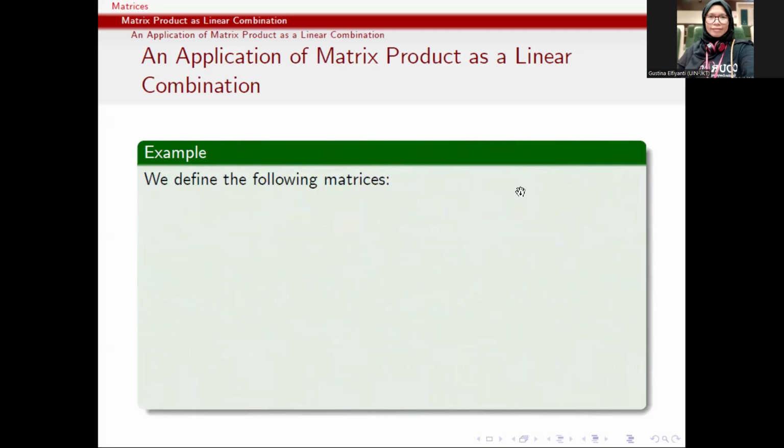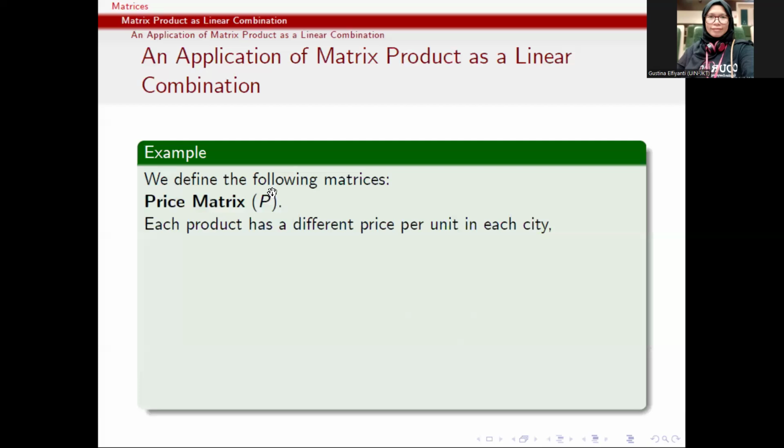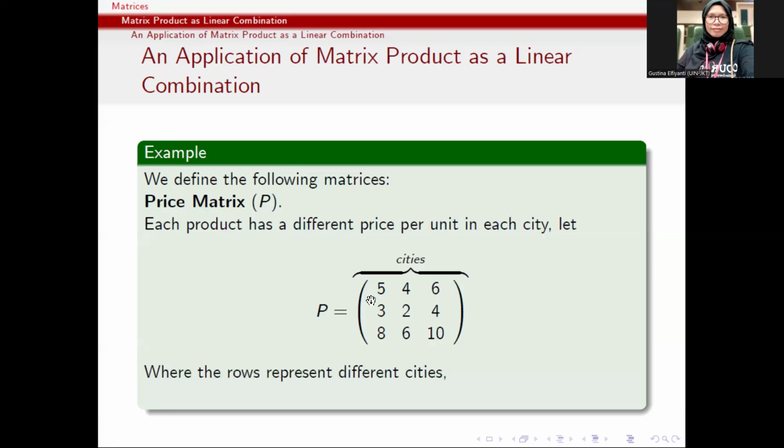We define the following matrices. First, the price matrix. We denote it as P, where each product has a different price per unit in each city. So let's say we have P like this, where the rows of P represent the different cities. I'm sorry, this is a typo.